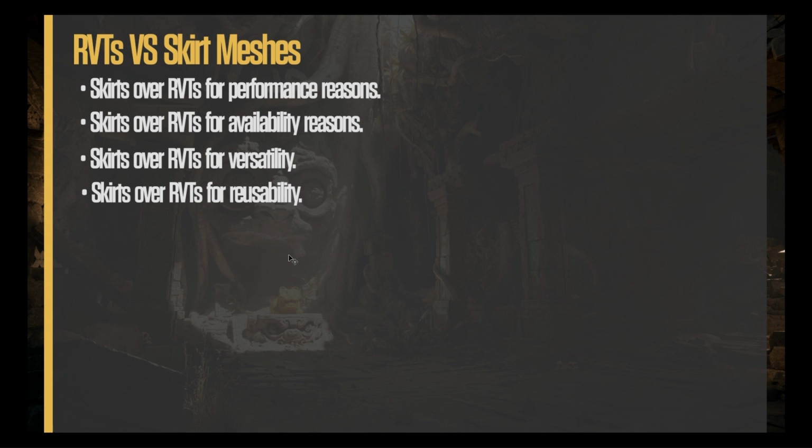So most times a scat will outweigh the benefits that come with runtime virtual textures. Plus, the runtime virtual texture feature is not available in some game engines, so that might also be a problem when you are working with a game engine that does not have a feature that matches what the runtime virtual texture does.